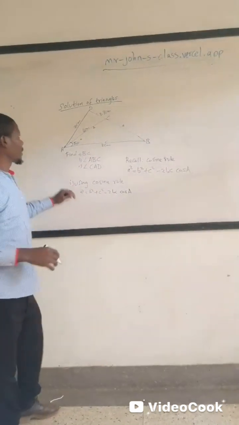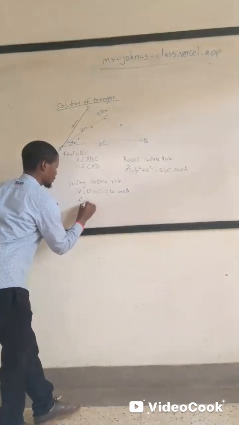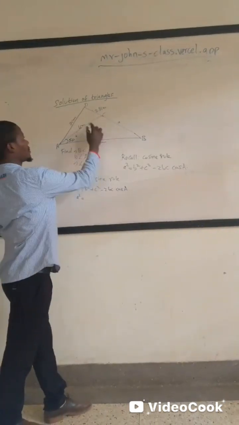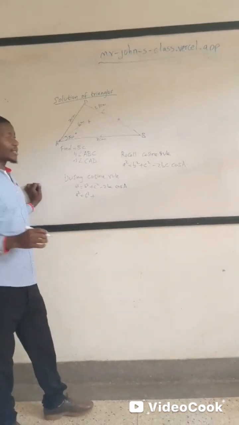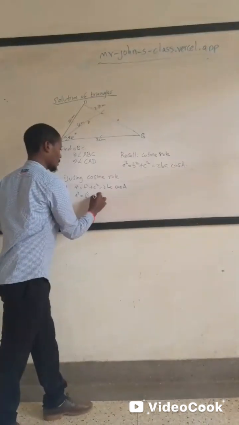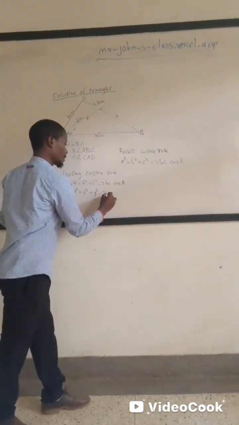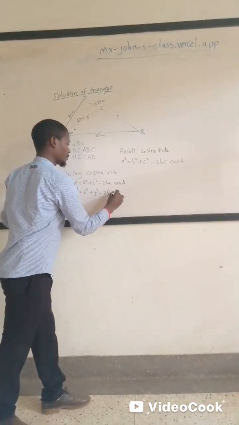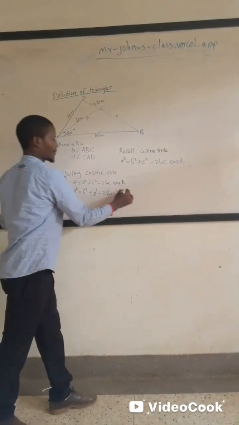My a is unknown. a squared is the same as, the value of b is 6 squared, the value of c is 8 squared, minus 2 times 6 times 8 cosine of angle A, we have 50 degrees.